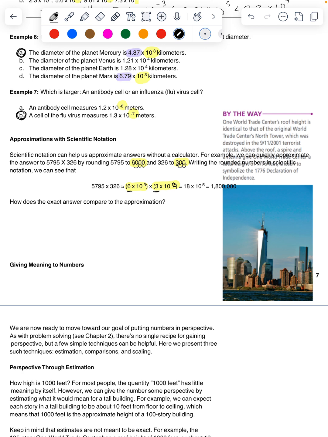So 6 times 3 is 18. And then when we multiply exponents, we add them. So we get the 5 by doing 3 plus 2. So our approximation is 1,800,000.